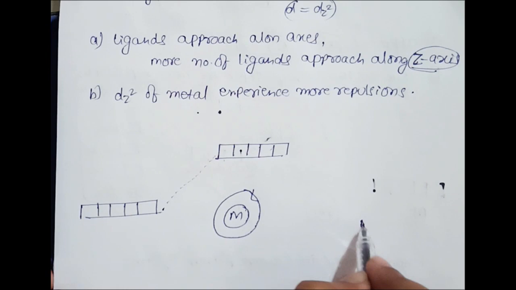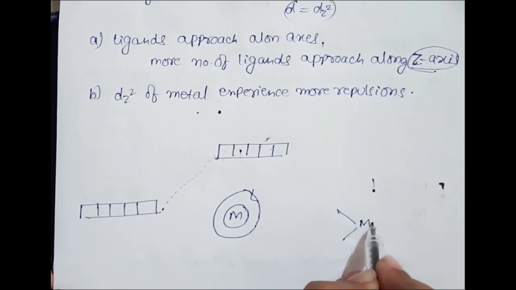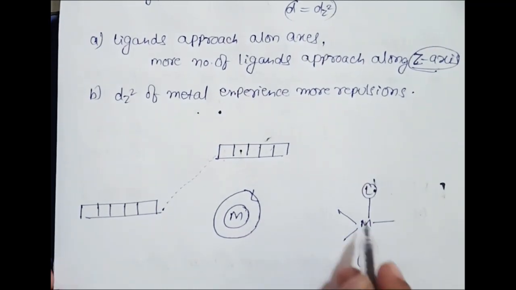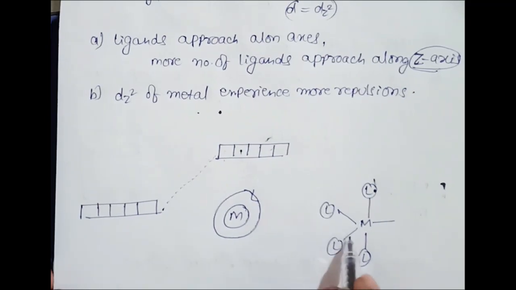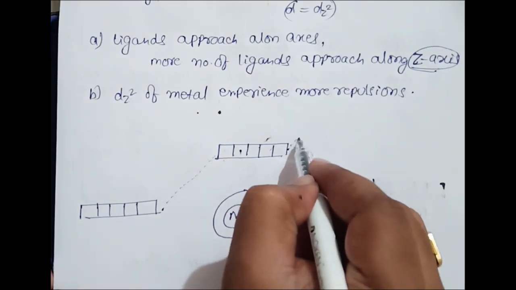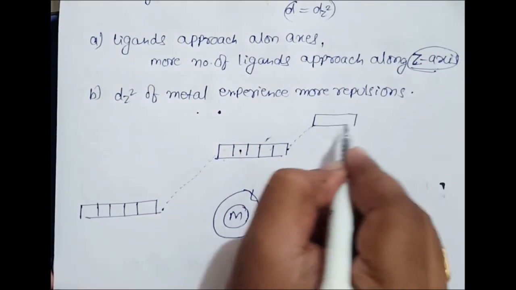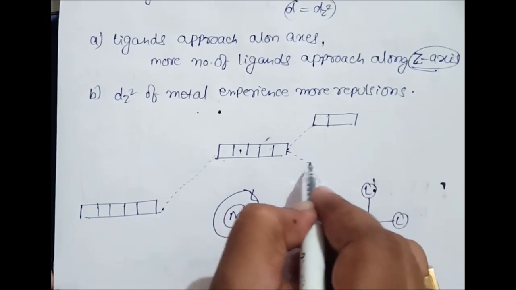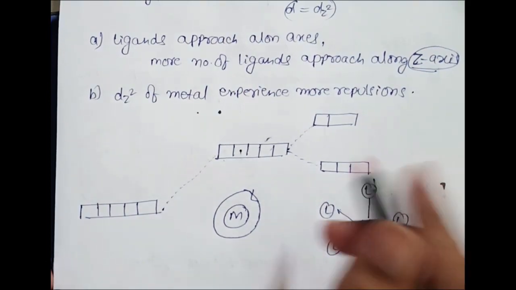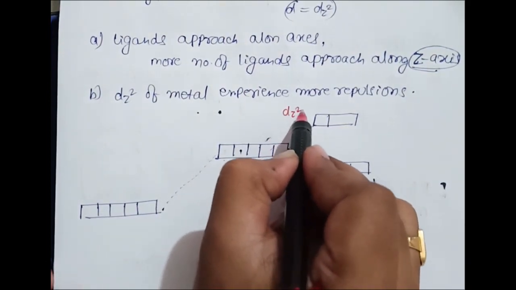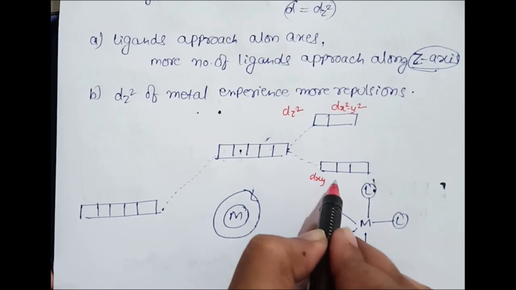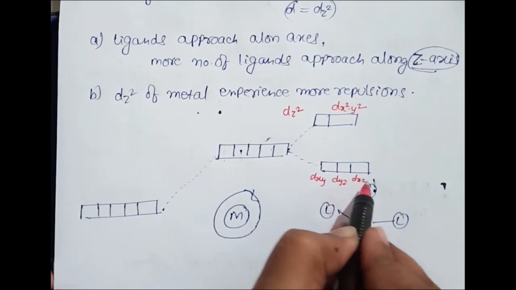Now they are coming in a trigonal bipyramidal structure. So ligands are coming along the z axis and some ligands are coming along the x and y axis. Keep it in mind. As usual, first dz square and dx square minus y square go upside, and dxy, dyz and dzx come down in energy.